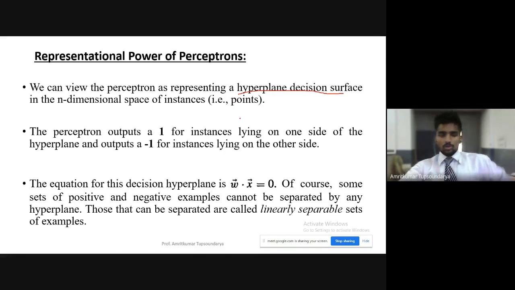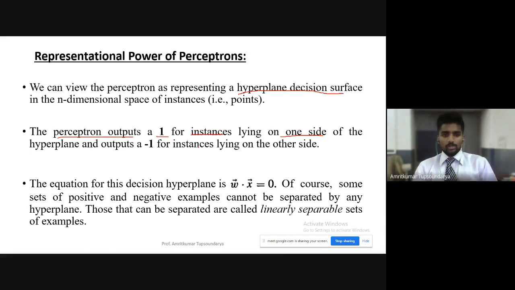As we have already discussed, the perceptron outputs one for an instance, say an instance lying on one side. What we are going to do here is draw a threshold line, and anything above that threshold line, on one side of it, we are going to output as one, and the other side of the threshold will be minus one.